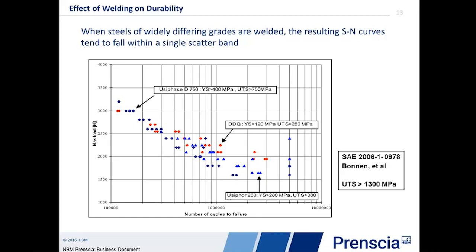And what we're looking at here is, this happens to be spot welds, but MIG welds are similar. If I looked at the parent metal, I have variations in here from 280 to almost 1,300 megapascals in terms of UTS, and their fatigue performance all sits in one scatter band.